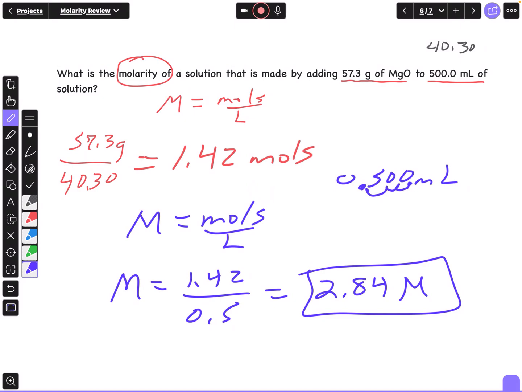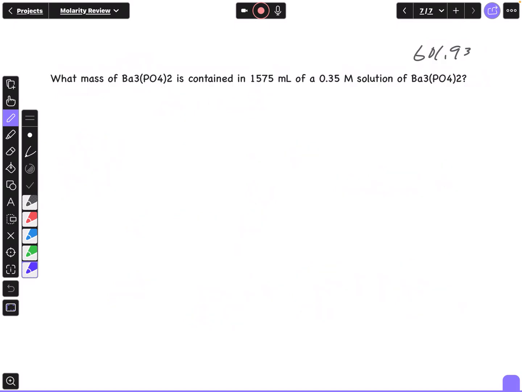Now there's one more type of scenario that you will run into, and that's if it asks you in a problem like what mass of Ba3(PO4)2, and if it's asking for mass, always know that it's asking for grams. It's contained in 1,575 milliliters of a 0.35 molar solution of Ba3(PO4)2.